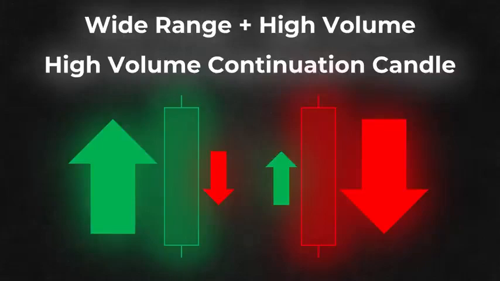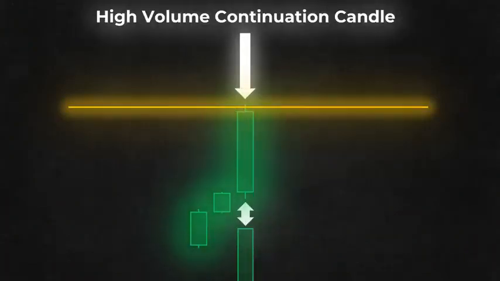Let's observe a hypothetical situation of the high volume continuation candle. In this illustration, we see a high volume wide range candle approaching a resistance level. The first thing that comes to mind for any trader is whether this resistance will hold price. A high volume wide range candle, also known as the high volume continuation candle, implies that price will continue going in the direction of the candle.